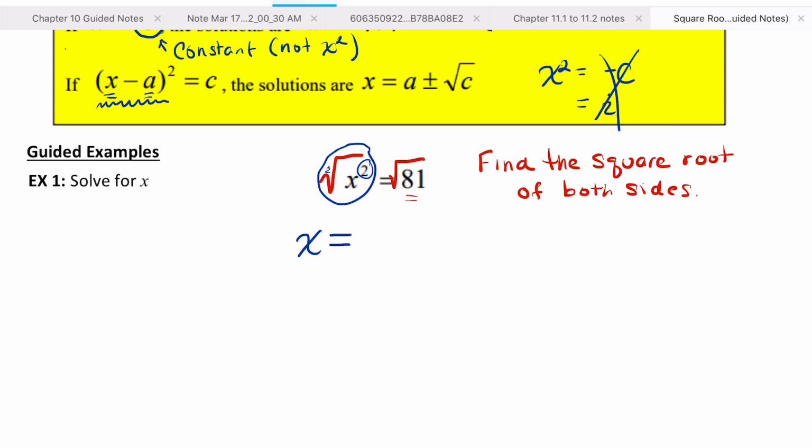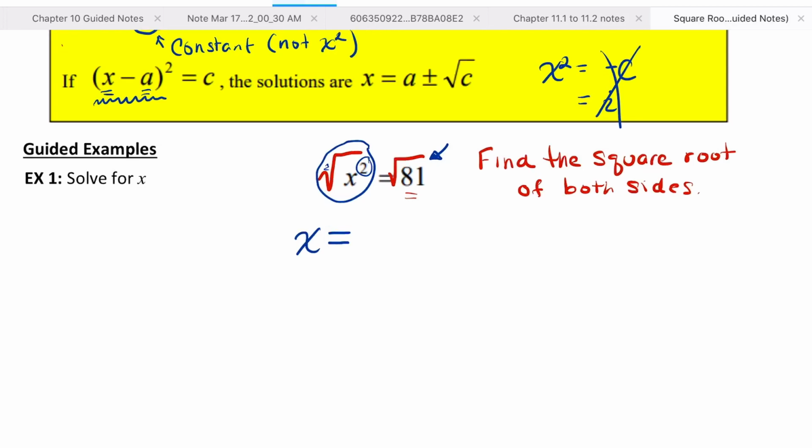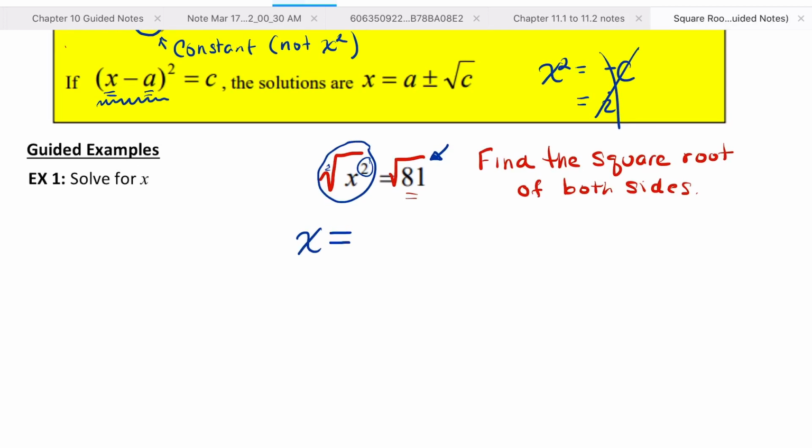And then x will equal, and in this case, you have to keep in mind that 81 isn't just the square of 9. The square root of 81 is 9, but it's also the square root of negative 9. So you have to put plus or minus 9.